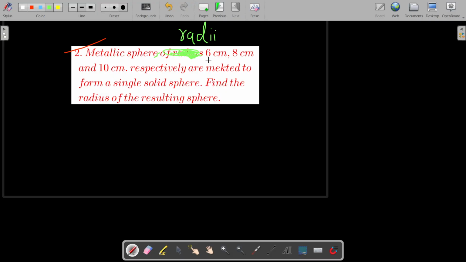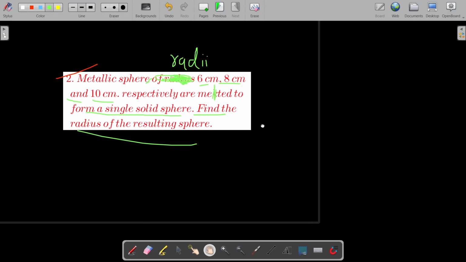Okay, ignore the grammar mistakes. Metallic spheres of radii 6 centimeter, 8 centimeter, and 10 centimeter respectively are melted to form a single solid sphere. Find the radius of the resulting sphere.